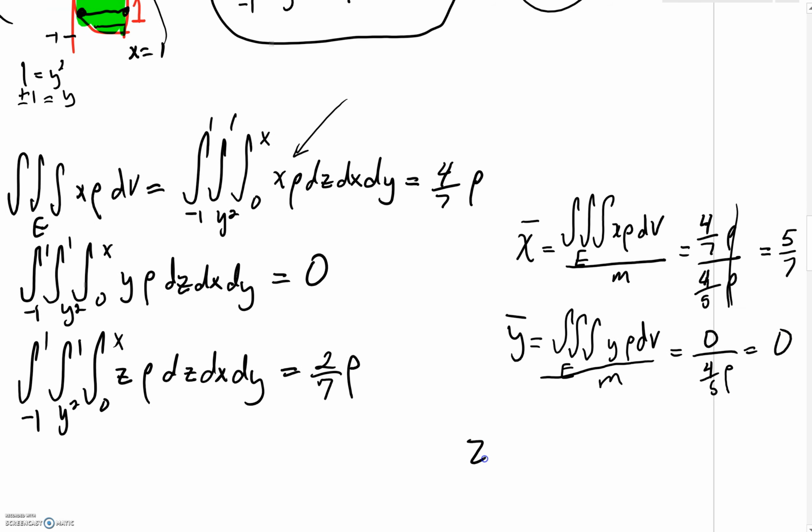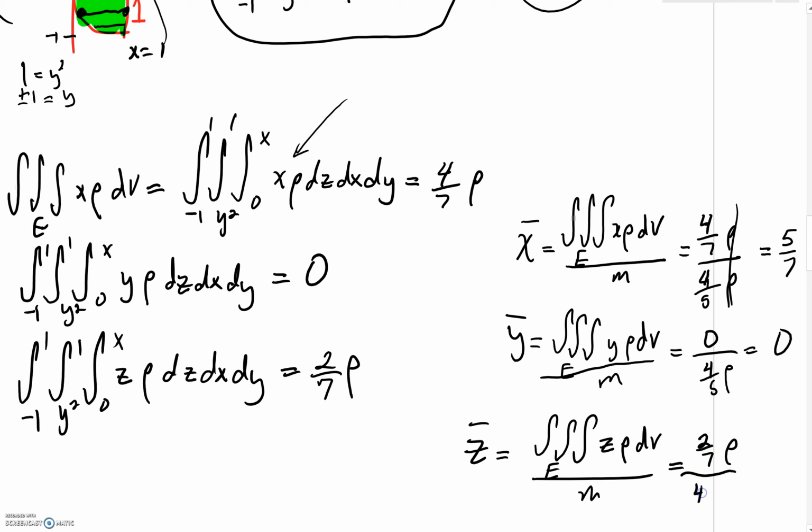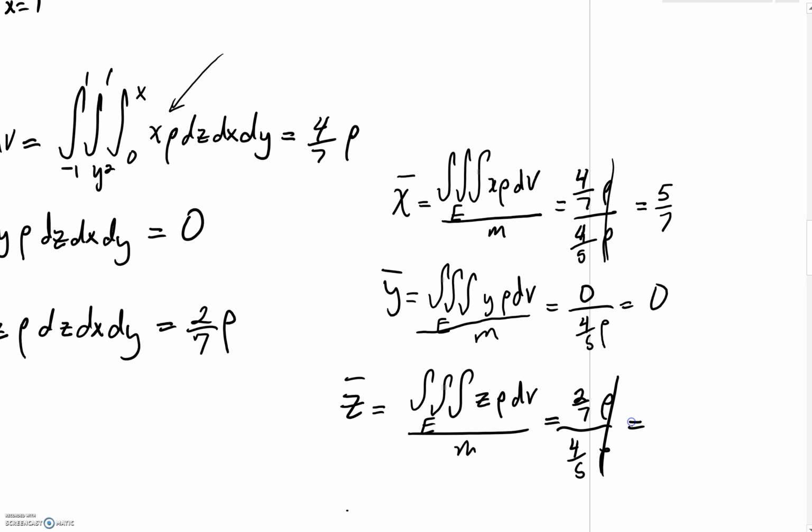And then finally, z bar. Well, z bar, we're going to have this triple integral with a z with a rho dv, and of course that's our moment about the xy plane, and we just saw that we have 2/7 rho all over a 4/5 rho, and of course what this really becomes is 2/7 times 5/4, and 2 goes into 4 twice.